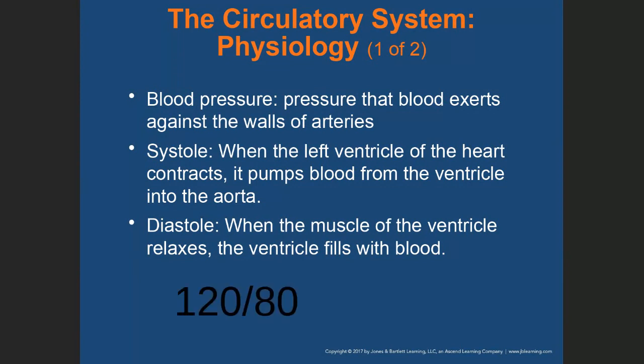All right, so blood pressure is written as a fraction. 120 over 80: the top number represents the systolic reading, or systole, and the bottom number represents diastole. So 120 would be systolic and 80 would be the diastolic.